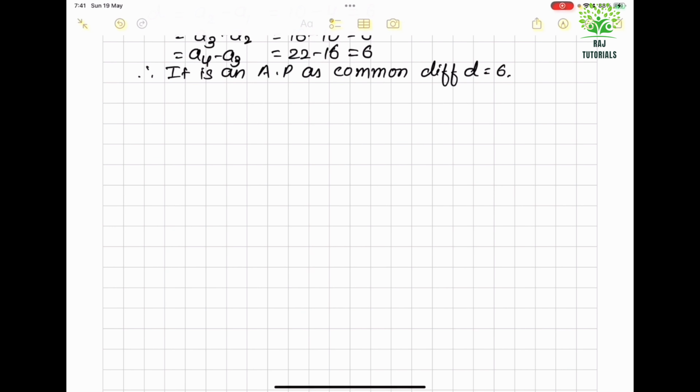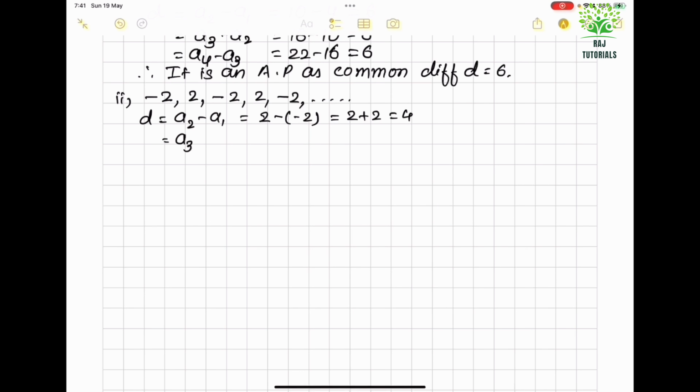Now the second one, in that I am given minus 2, 2, minus 2, 2, minus 2. Like this some series is given. So see, here D will be A2 minus A1. So that is 2 minus of minus 2, so that will be 2 plus 2, 4. Now A3 minus A2.